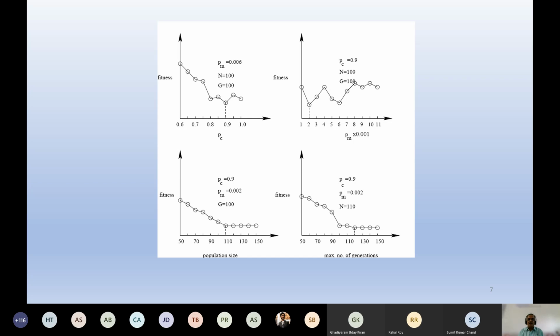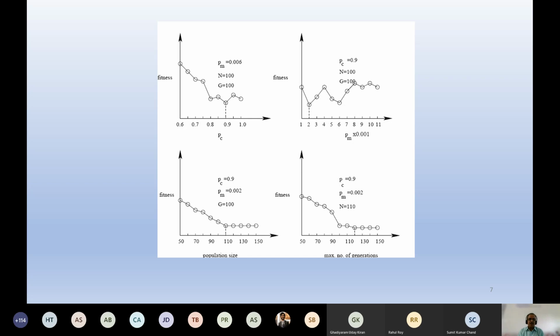I'm sure that if you can set the parameters, your GA will reach the global solution within a few iterations, and after that you will find there is no significant change. Depending on the complexity of the problem, you'll have to set the set of optimal GA parameters through the parametric study.